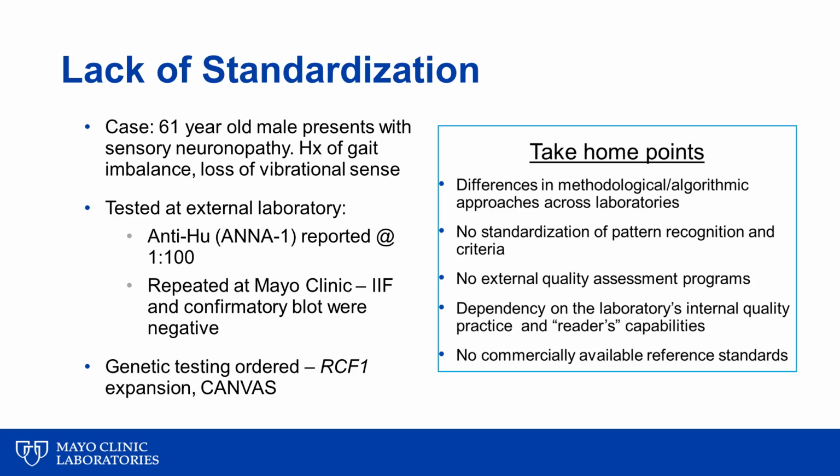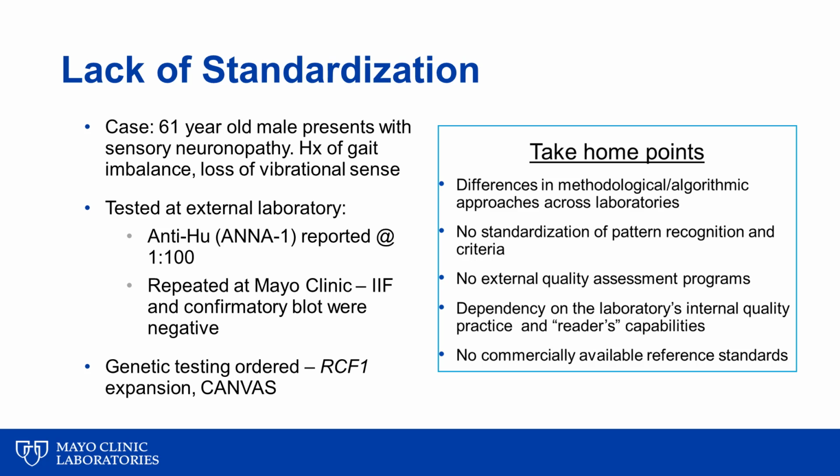The consequence of the lack of expertise and differences across laboratories in how testing for neural antibodies are approached can be substantial. Here is a case of a 61-year-old male who presented with a history of sensory neuronopathy as evidenced by a gait imbalance along with loss of vibrational sense.